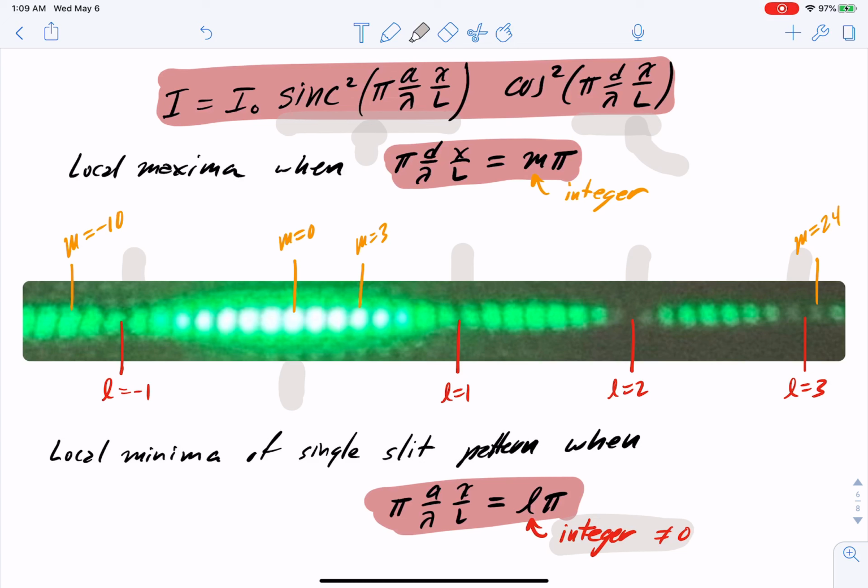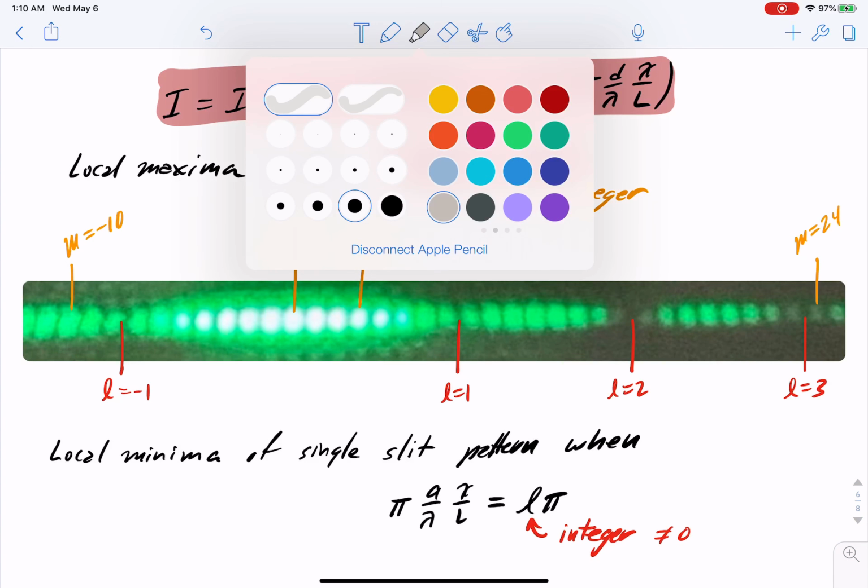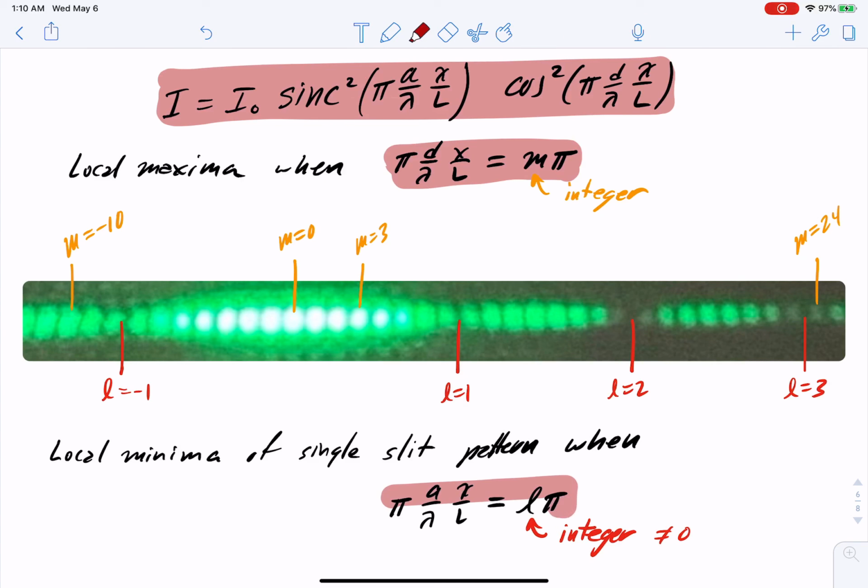Okay, so that's how to recognize these patterns in here. So this would allow you to look at this pattern and determine a and d.